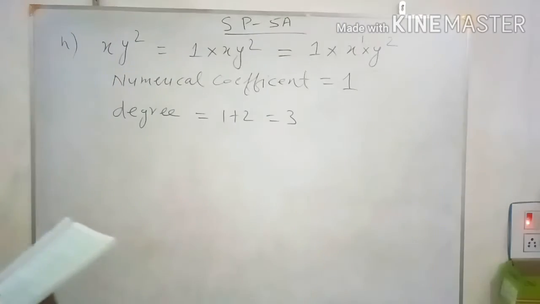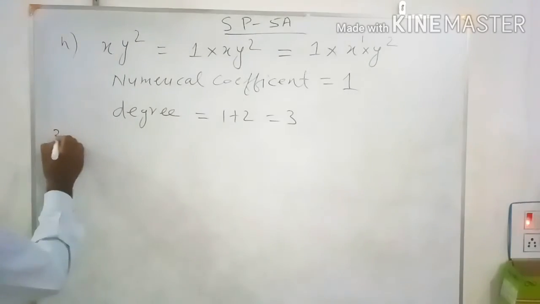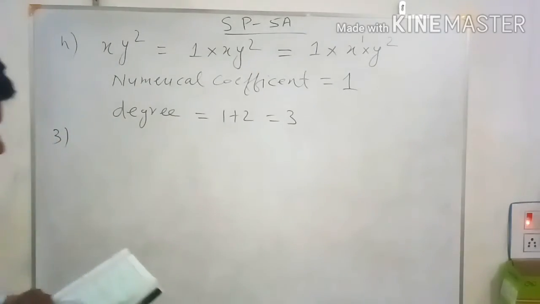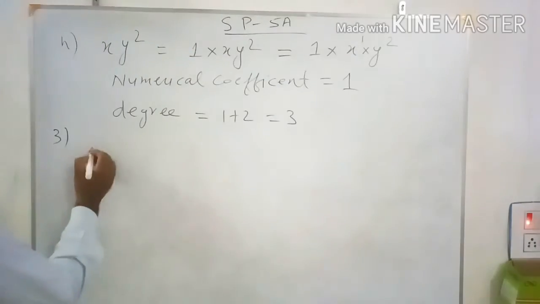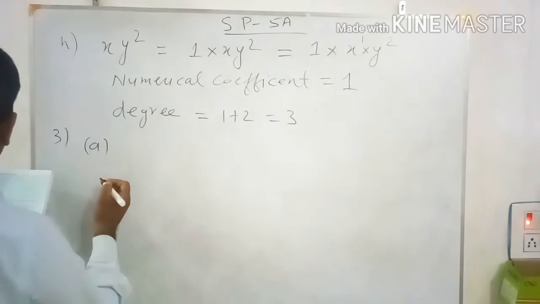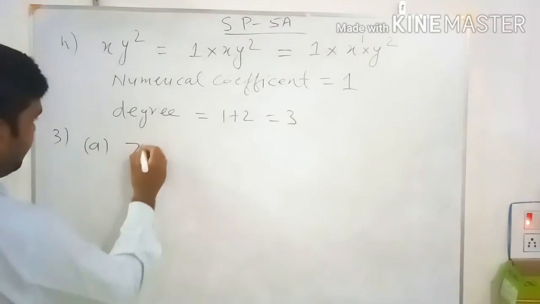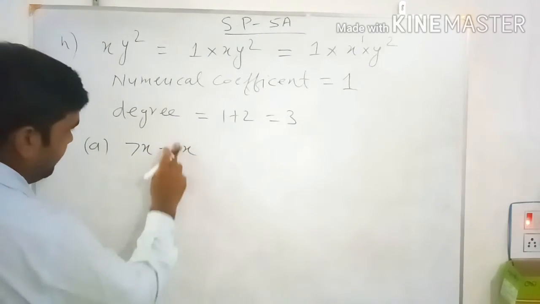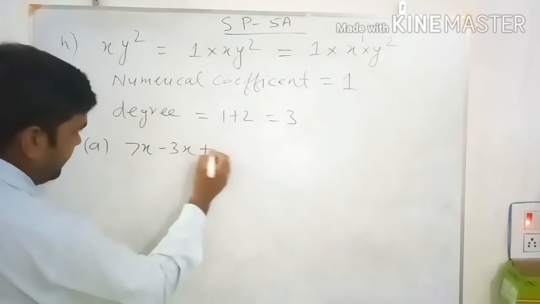Now we'll do question number 3. Select the like terms in each polynomial, if any. We consider question number A. Here we have to select the like terms in 7x minus 3x plus 8.